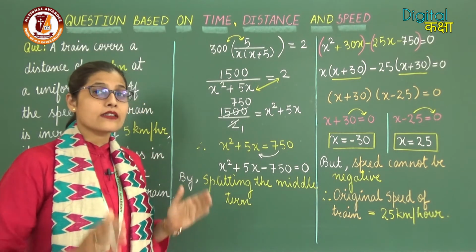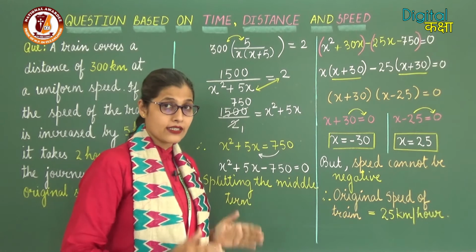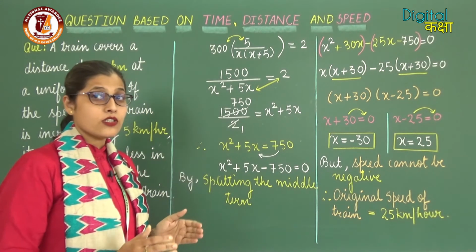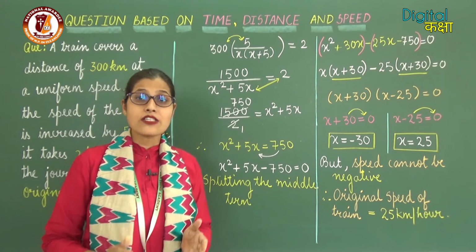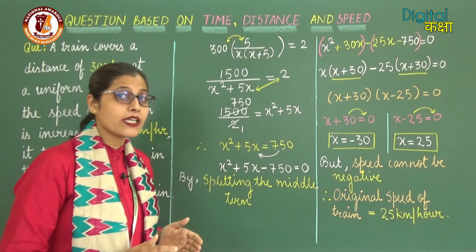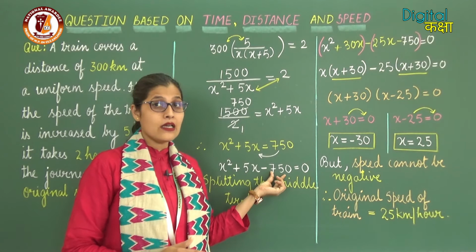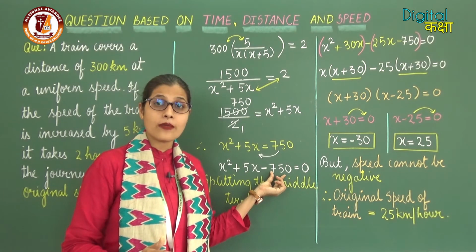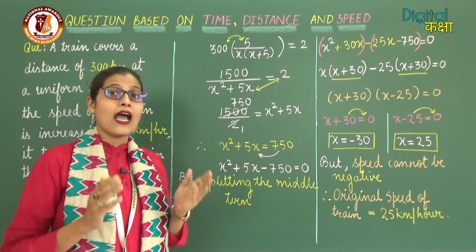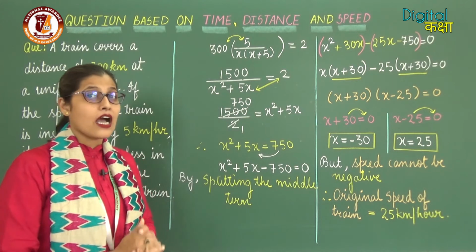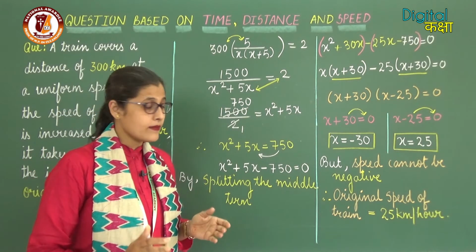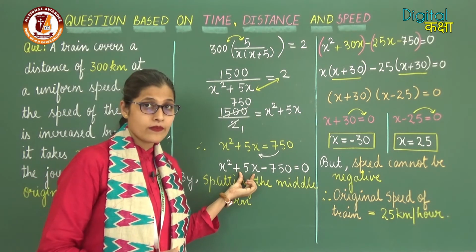By using this method, we want two numbers such that on multiplication I should get the product as minus 750, and by adding those two numbers I should get the sum as 5.